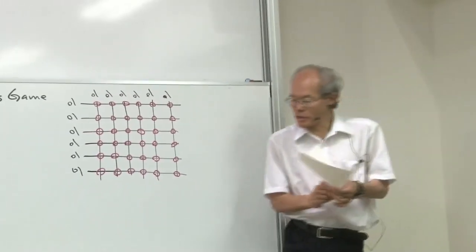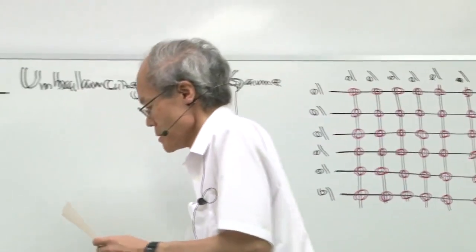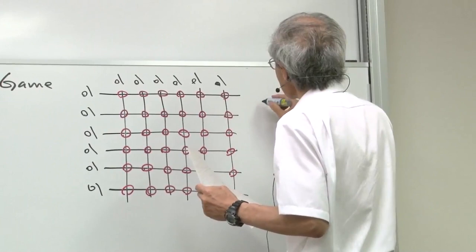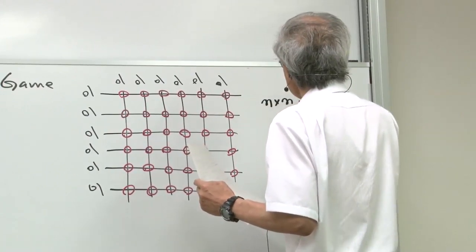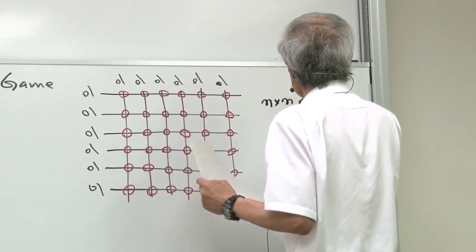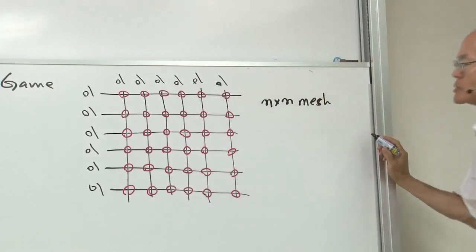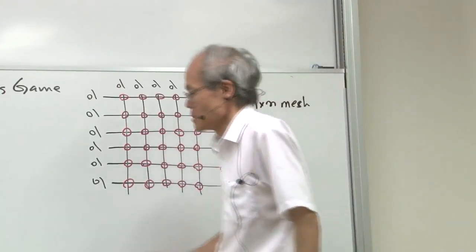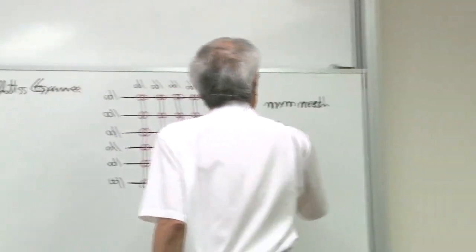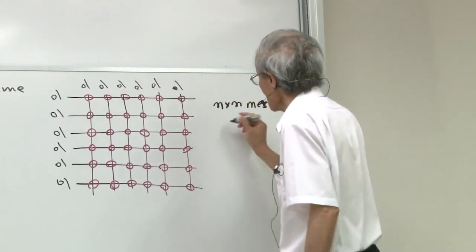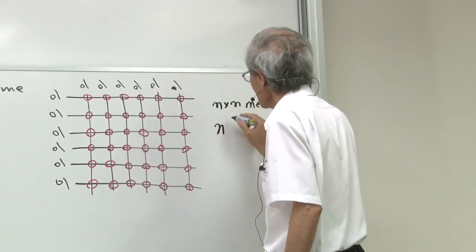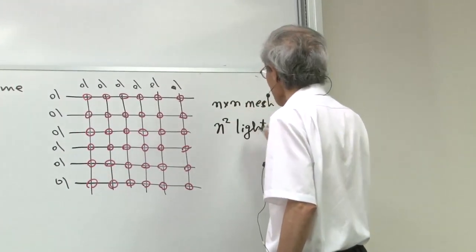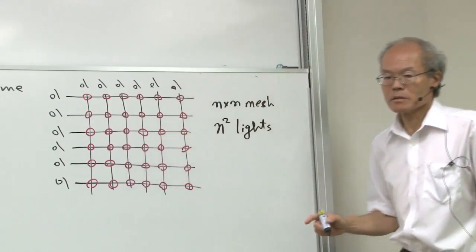We have an n by n mesh, and we have n squared lights, one at each grid point.